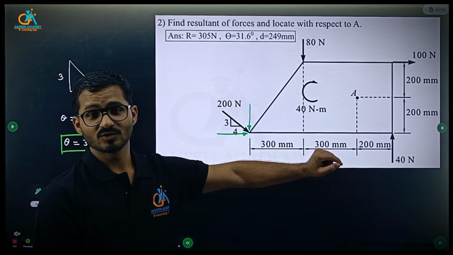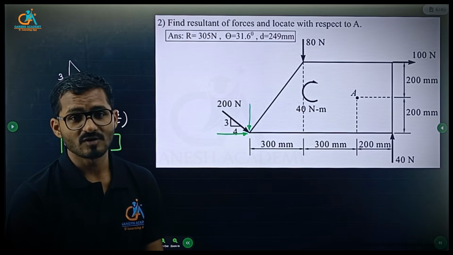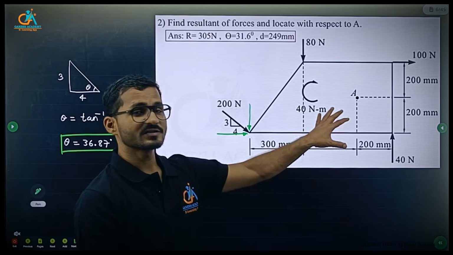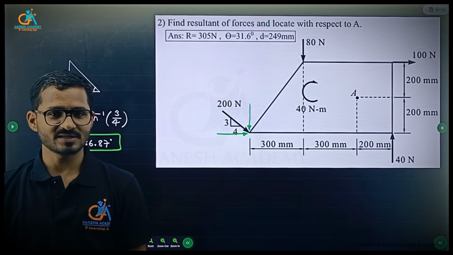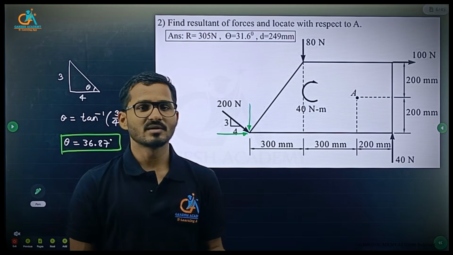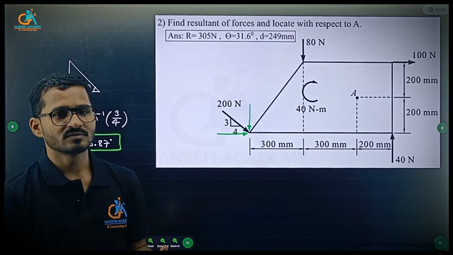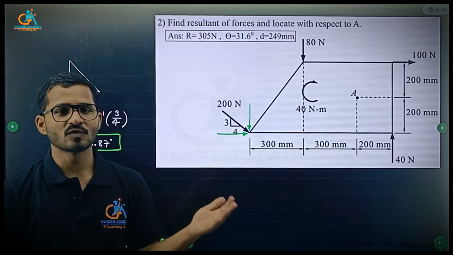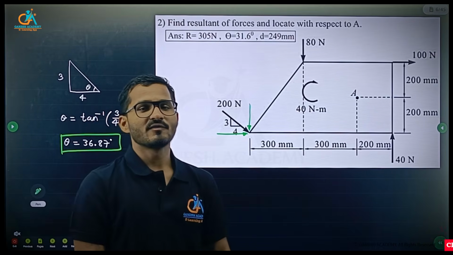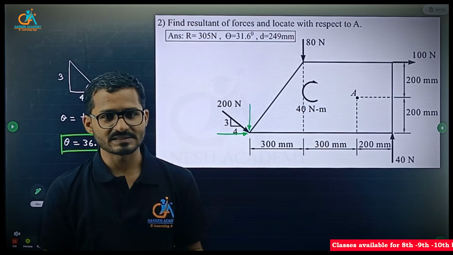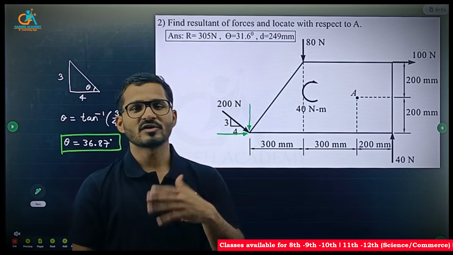One additional condition we need to consider is the algebraic sum of the moment. The force tends to produce rotation as well as translation. So we use the moment concept just to measure the tendency of the force to rotate the body, which is equal to force into perpendicular distance from the point of interest.